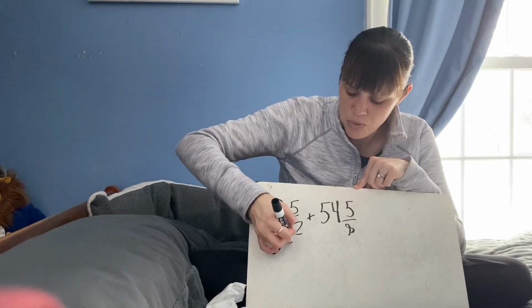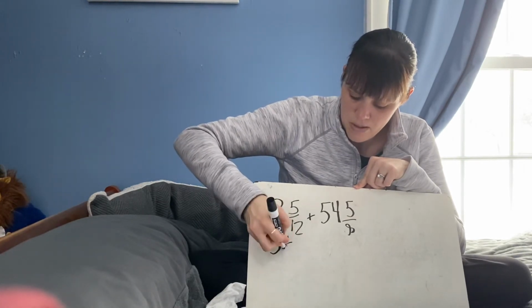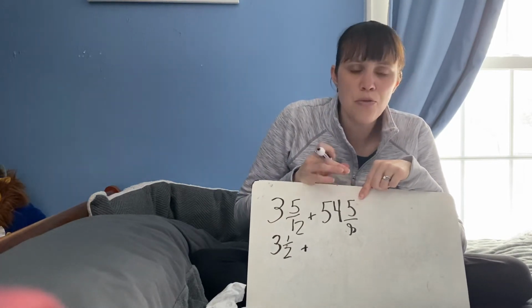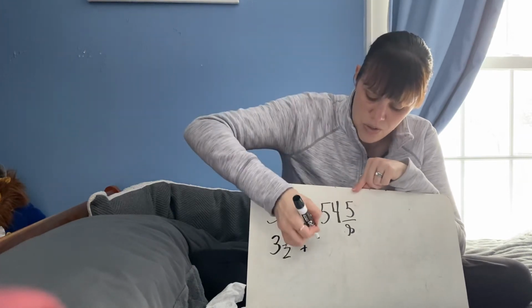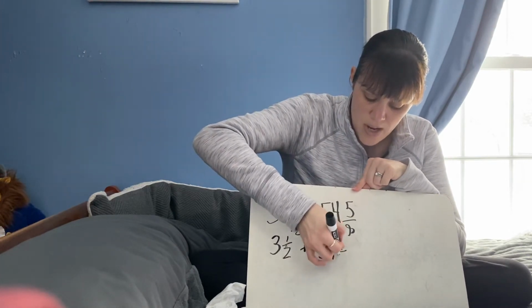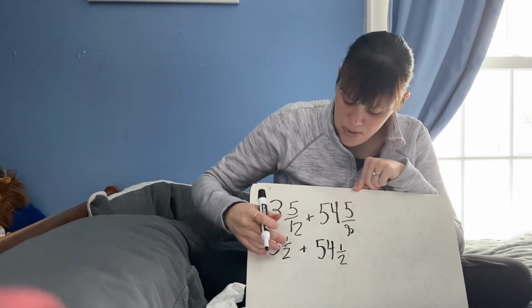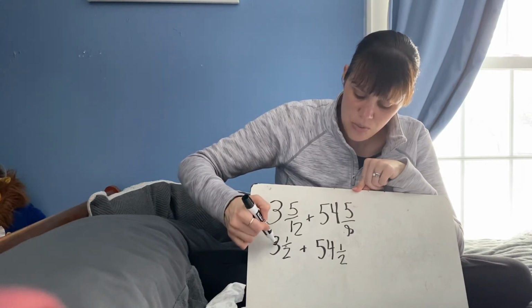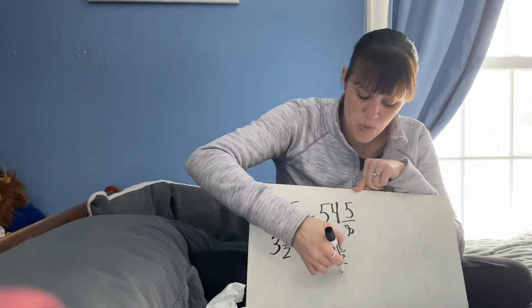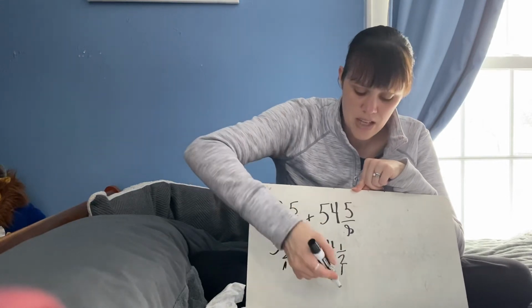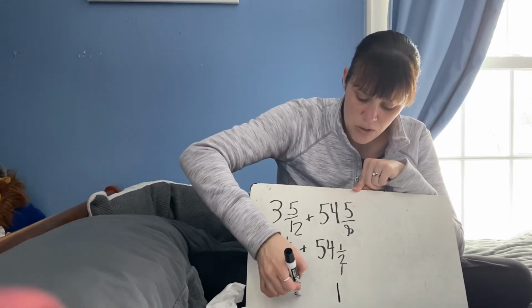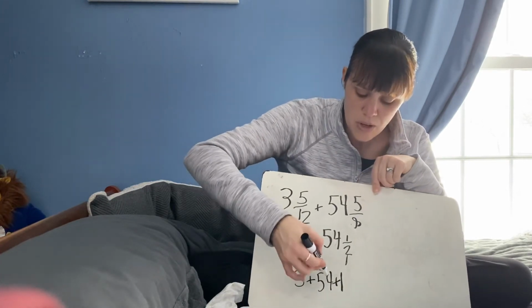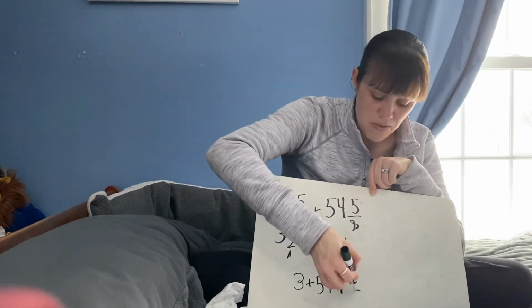So we can say this is 3 1/2. And 54 5/8. Well, isn't that close to 4/8, which is 1/2? So what if we do 54 1/2? If we add them up, make sure I have the numbers right. 54 and 3 gives me 57, but what's 1/2 plus 1/2? That's 1 whole. So we're adding 3 wholes plus 54 wholes plus 1 whole. So we have 58.